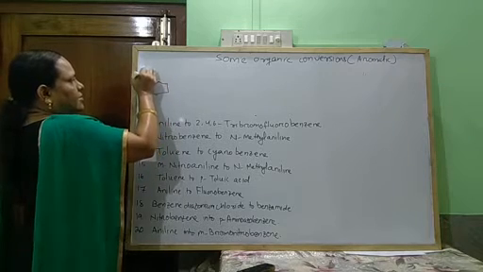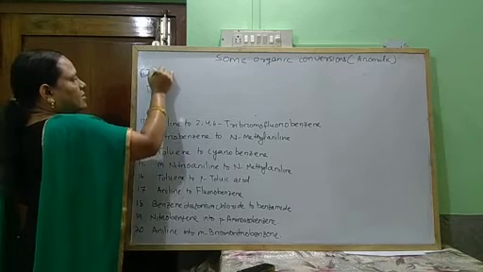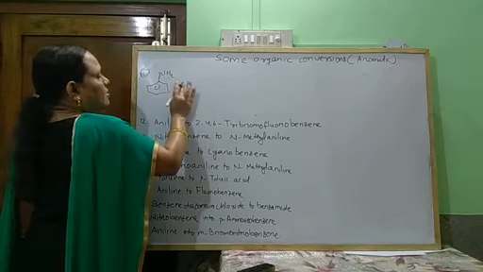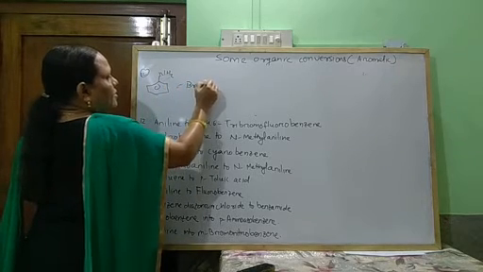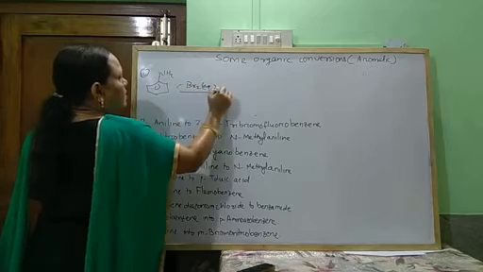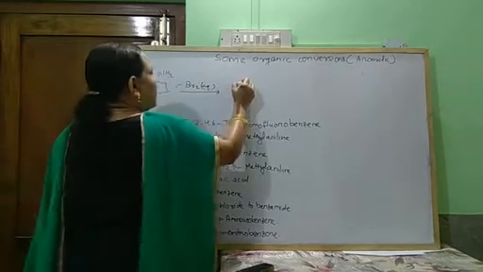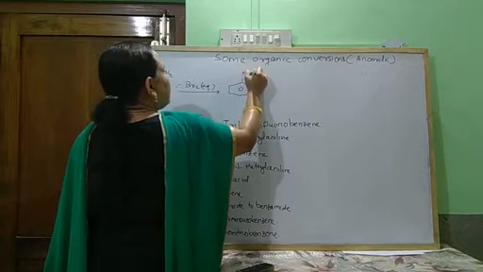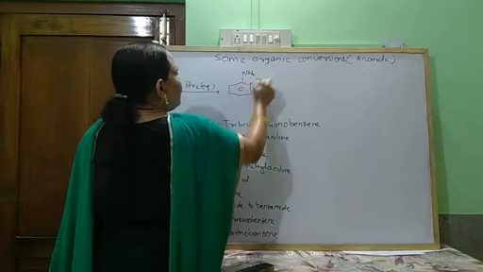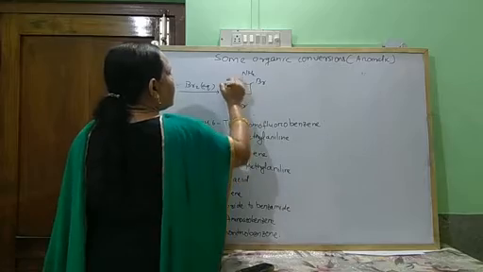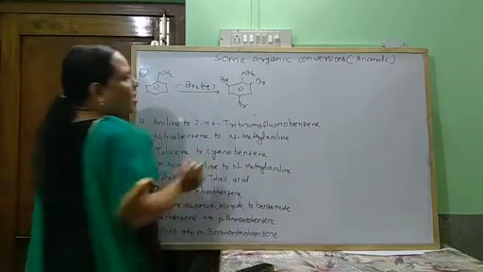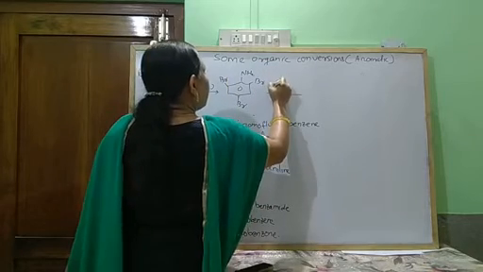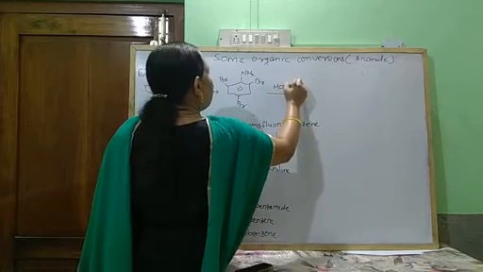Aniline is treated with bromine water, aqueous bromine water. So it forms 2,4,6-tribromoaniline. Then this is treated with nitrous acid.